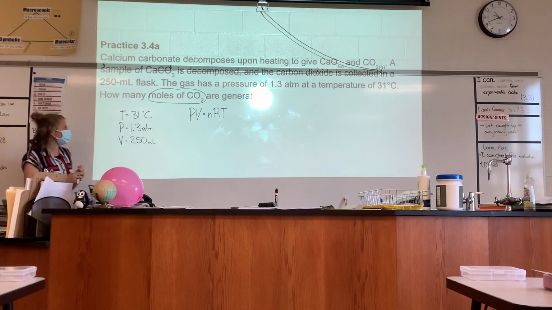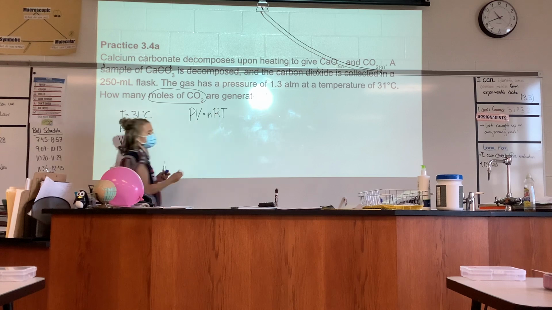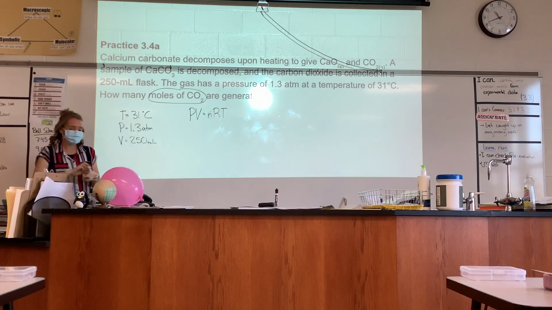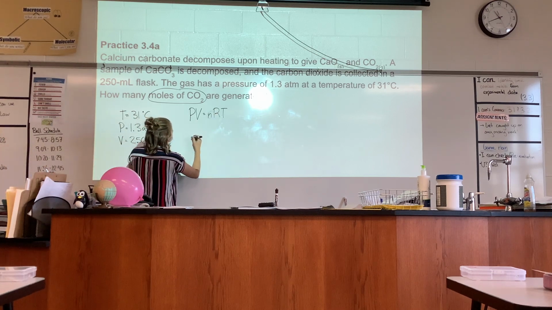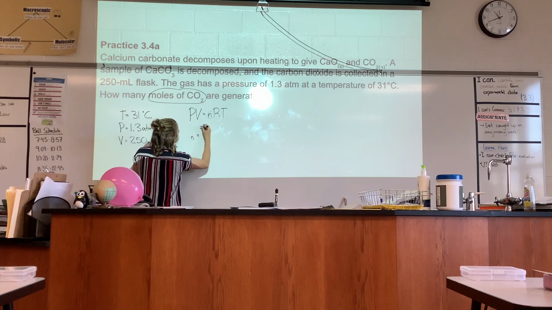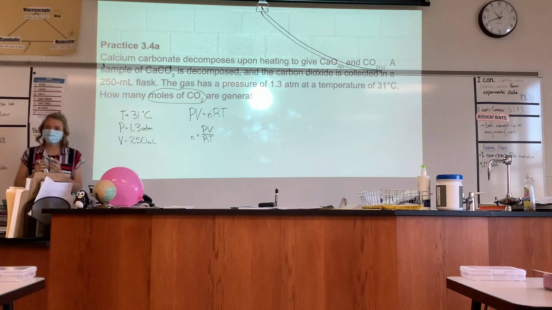So the letter I'm trying to find is N. Mathematically, how do I get N by itself? Very good. Good algebra skills, everybody. So N equals PV over RT. How easy is that? That makes things so much easier.